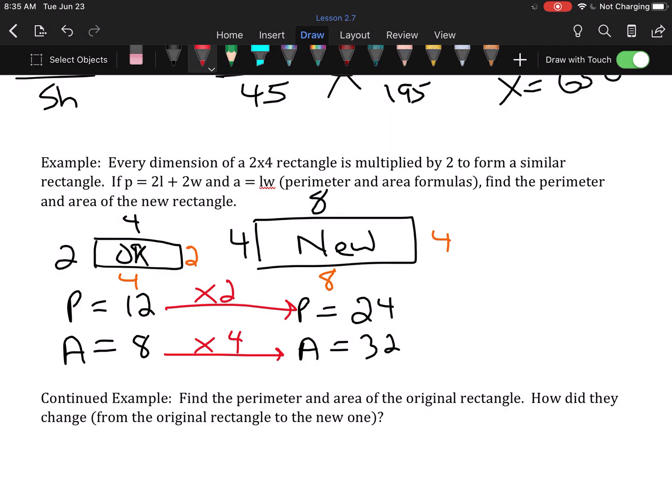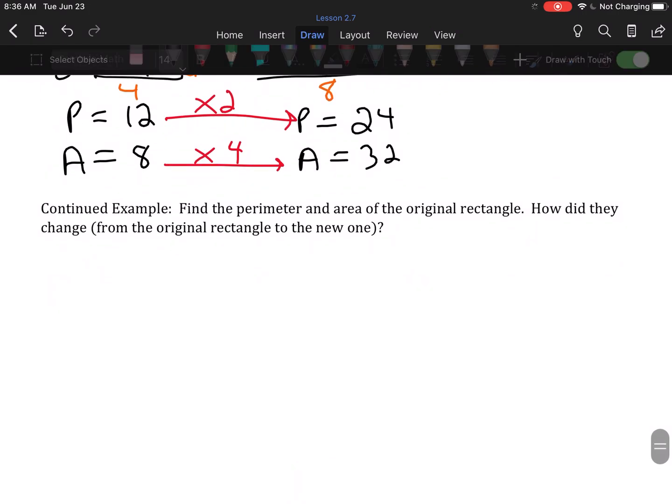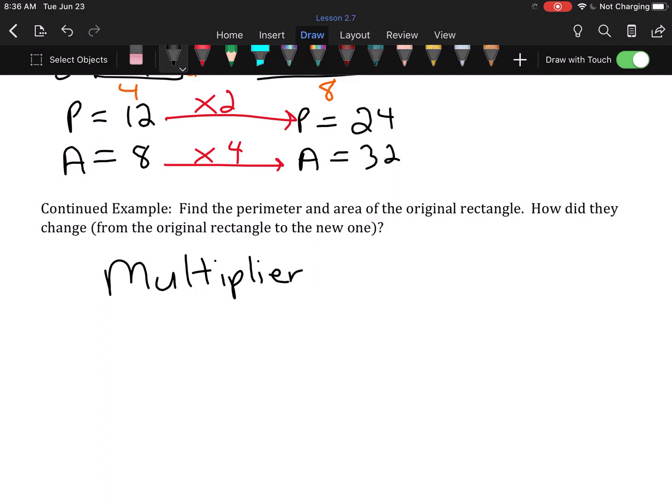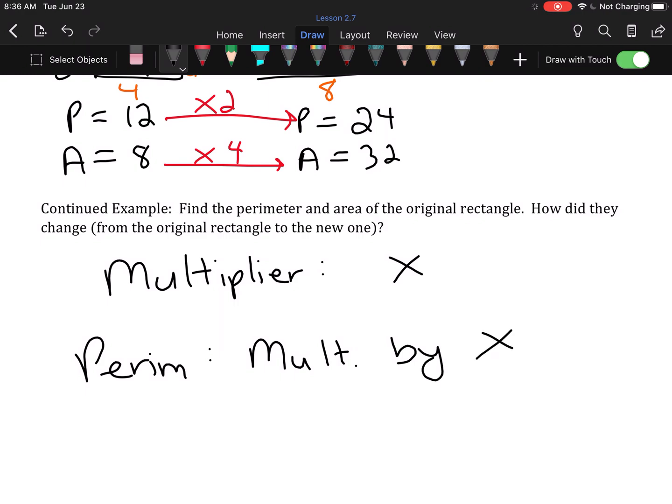I'll try to make this as simple as I can, because it really can be very, very simple. If you have a multiplier for all the dimensions of something, and it is x, then the perimeter will be multiplied by x.